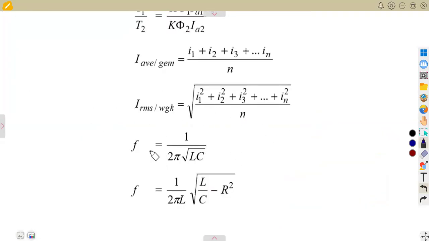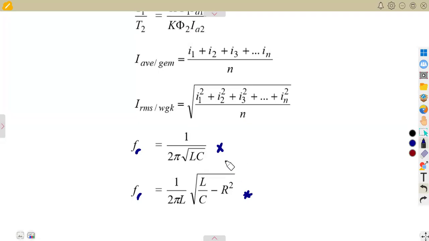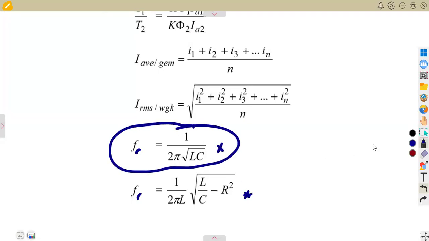If you are at resonance, you're going to think of two formulas, one for a series circuit and one for a parallel circuit, which is the one that we have. This is a parallel connection. But in a parallel connection, we must test the resistance to verify whether this formula can be used or not.